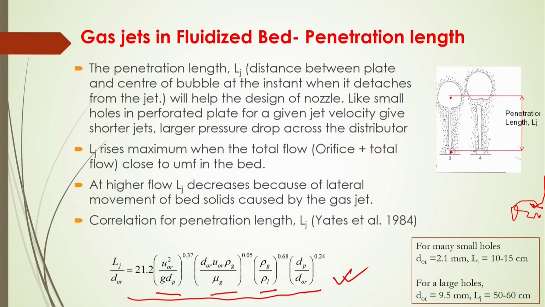distributor when the gas is distributed from a distributor of the orifice type or nozzle type. In this case, for many small holes you will see DOR generally 0.1 to 2.1 millimeter, and it is seen that this jet length, or penetration length LJ, will be 10 to 15 centimeter.